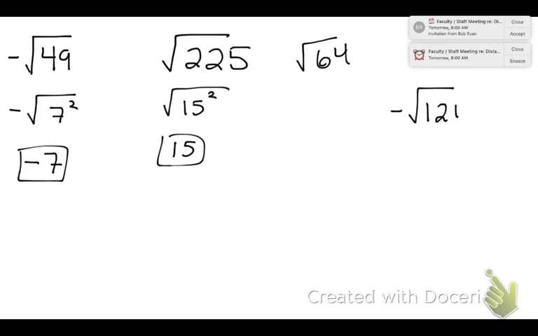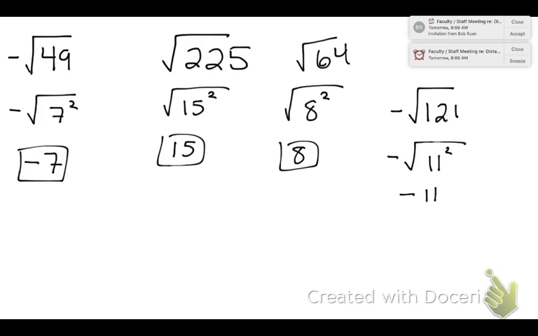We know that 64 is the same thing as 8 squared, so the positive square root of 64 must be 8. And finally, we know that 121 is 11 squared, so the negative square root of 121 must be negative 11.